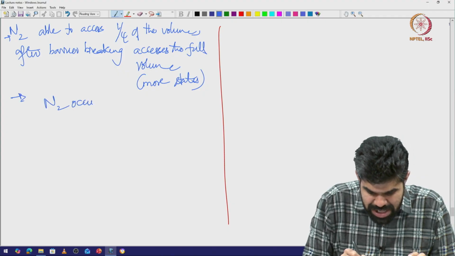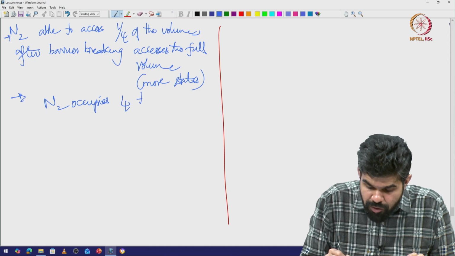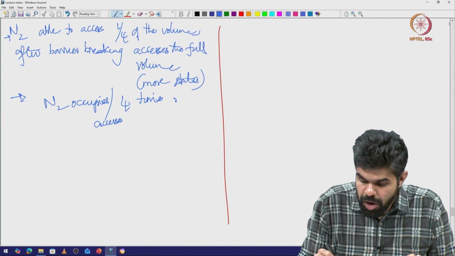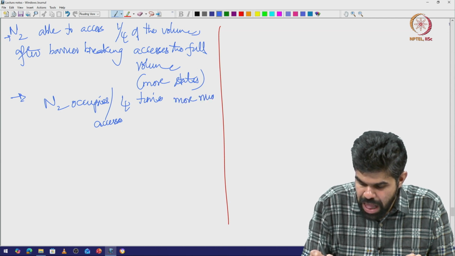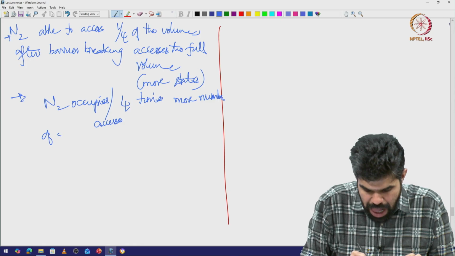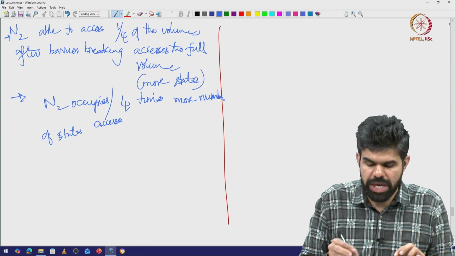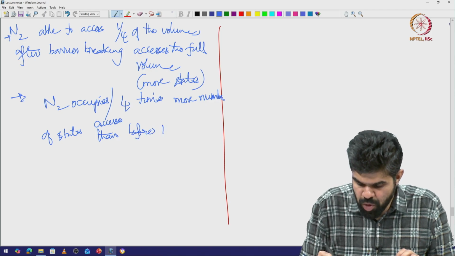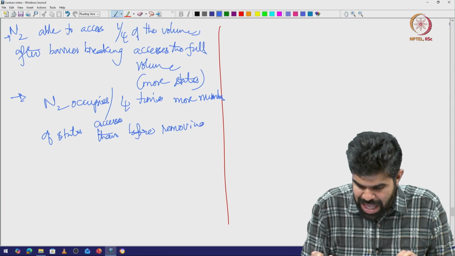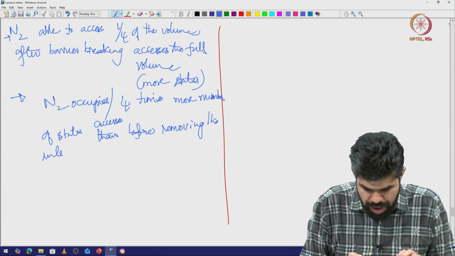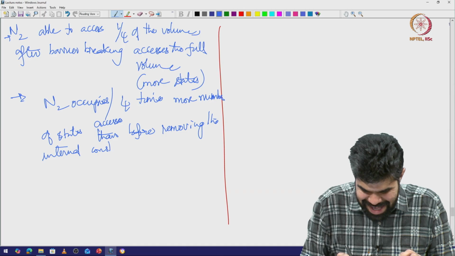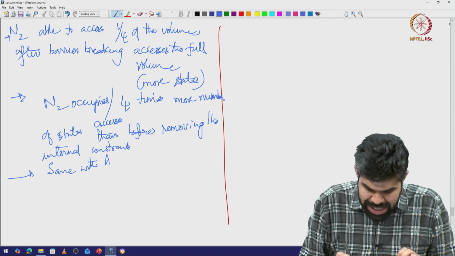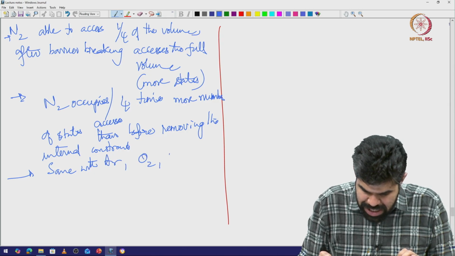Nitrogen occupies, or accesses, 4 times more number of states than before removing the internal constraints. Same with argon, same with oxygen, and same with hydrogen.